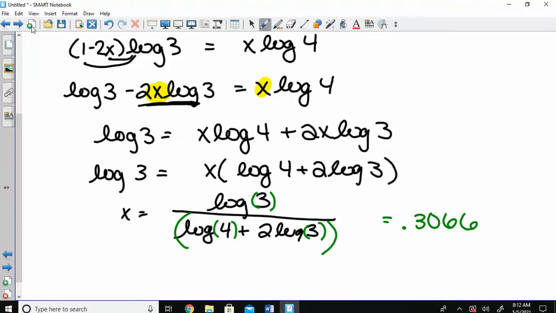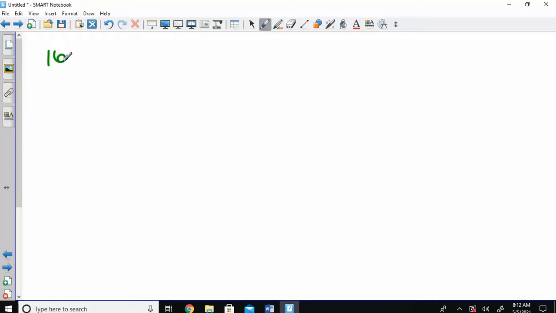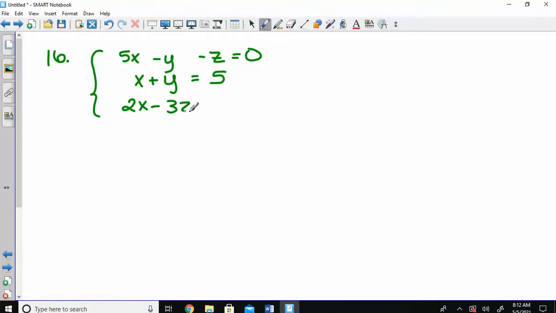Problem 16. Okay. We have 3 variables, so we're going to take 2 equations at a time and eliminate something.